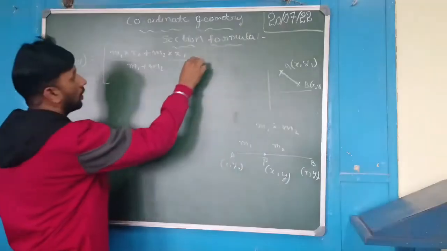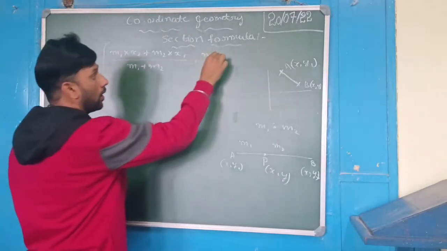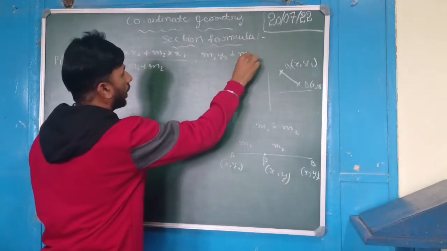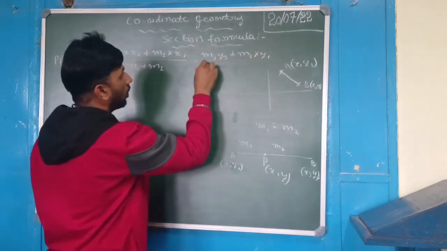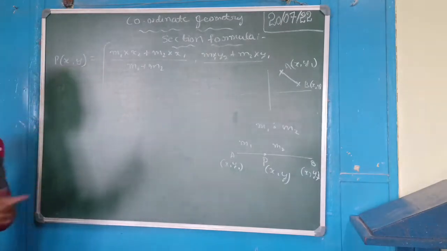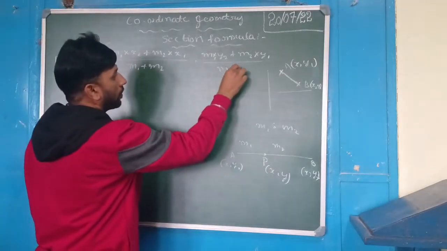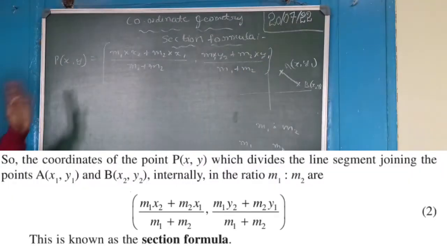Comma, same but slightly different, for y: m1 into y2 plus m2 into y1, whole divided by m1 plus m2. Okay, now just observe here.